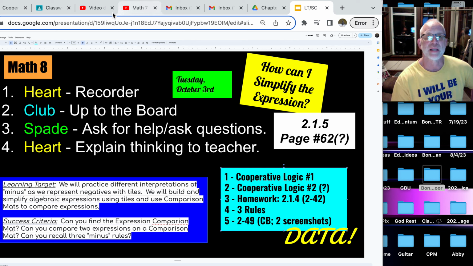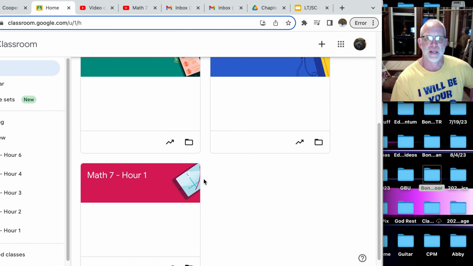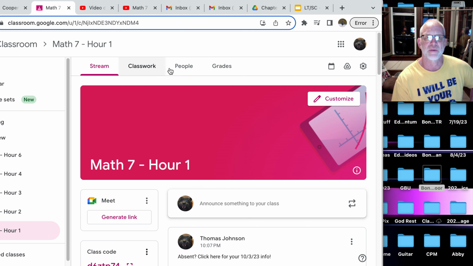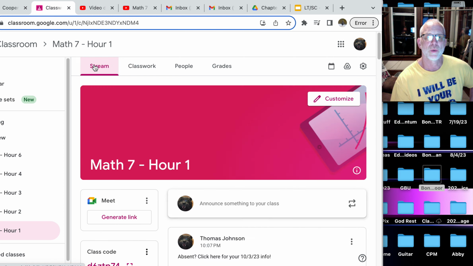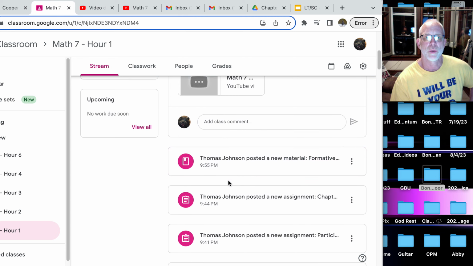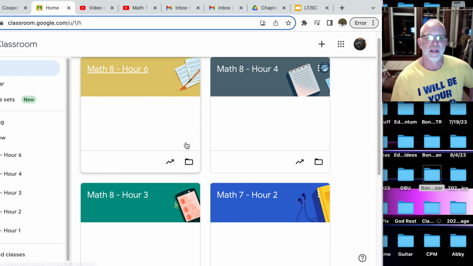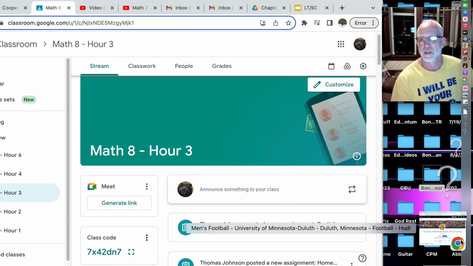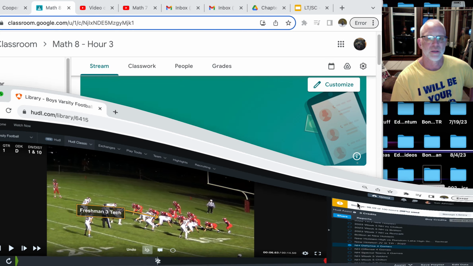So let's take a look at that cooperative logic problem. I think I posted it on, let me get it off of this one. No, I didn't put it up yet. So let me see if I can find it somewhere else. These are fun. That's football.